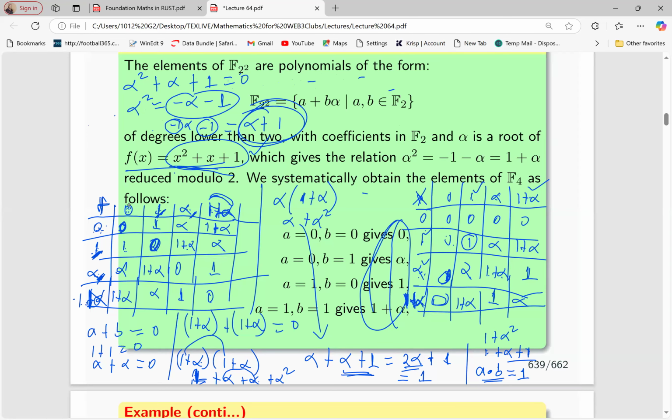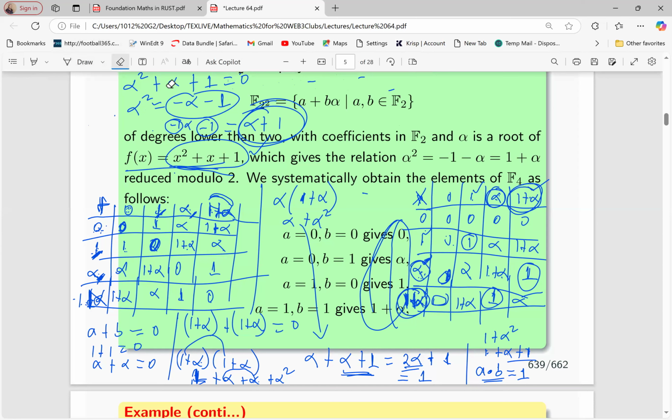It also tells us that the inverse of alpha is 1 plus alpha, because that product gives us the identity. And the inverse of 1 plus alpha is alpha, because this product gives us the identity. So you have seen commutativity and so on.